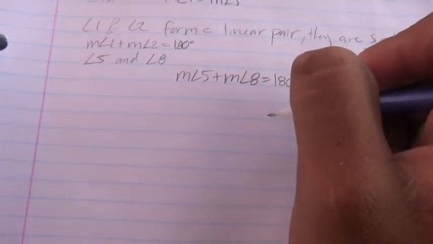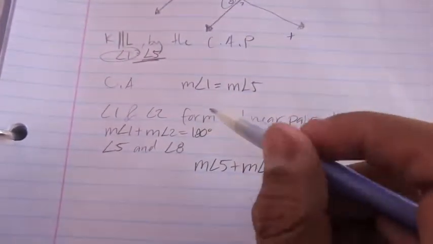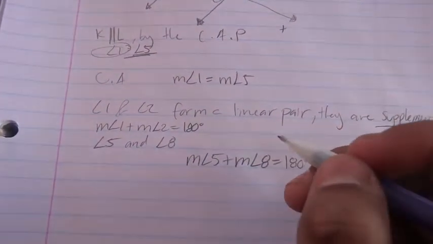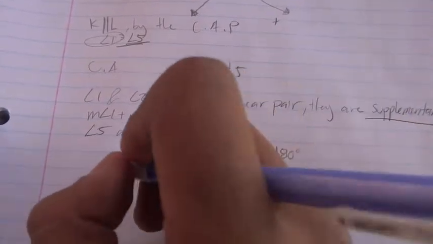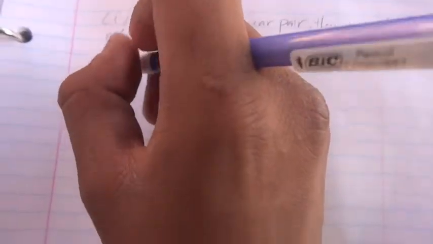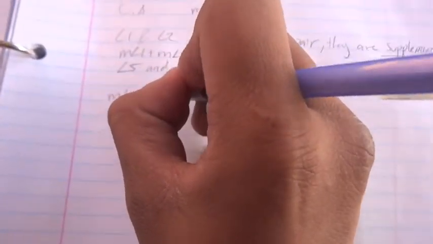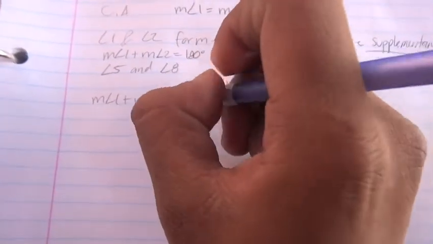And if you substitute m angle 1 for m angle 5, then it will be m angle 1 plus m angle 8, and it will still equal 180.